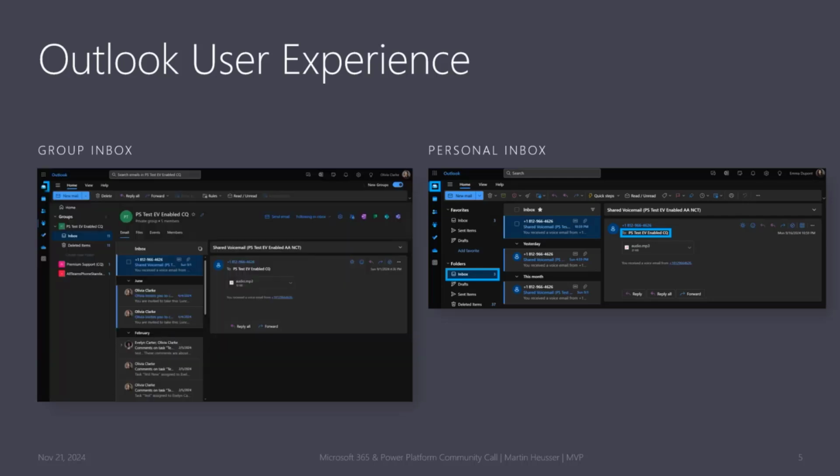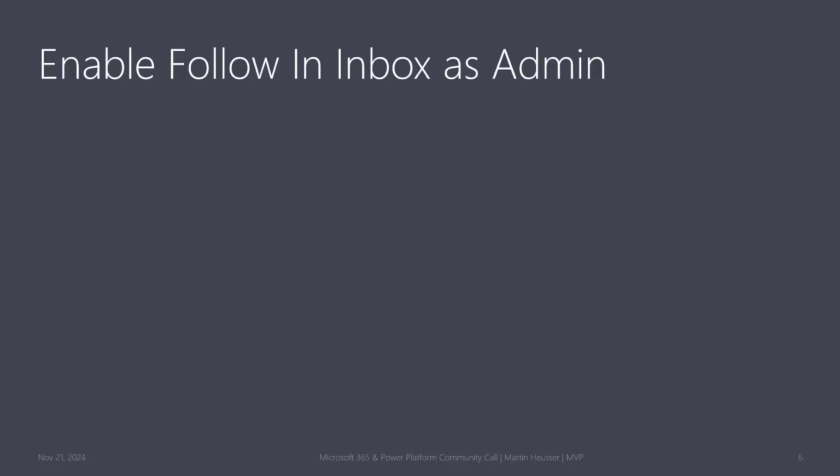And on the right side, you can see that this is the group inbox, and there's this following inbox setting. By default, it's set to only notify you when you directly receive an email or somebody replies to you, but not receive all. If it's set to receive all, you'll get the emails in your personal inbox as well.